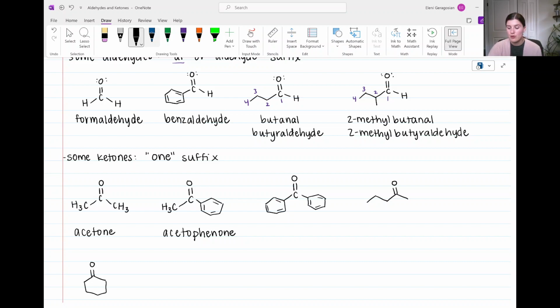So that's what each of those parts of the name mean. If we have two benzene rings, we will still use the phenone suffix, and then we'll use the benz prefix for the other phenyl ring. So we'll use benzophenone.